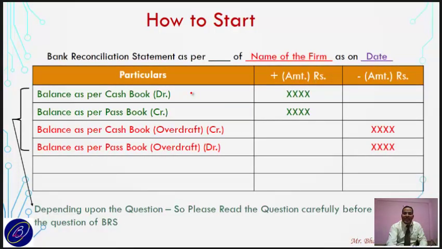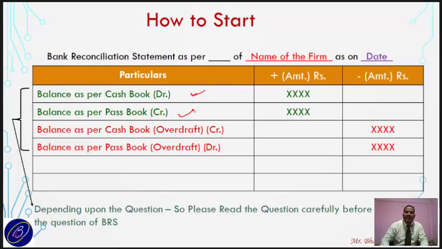if you start from balance as per cash book, then the balance that you will get by the end of solving the bank reconciliation statement will be the balance as per passbook. Fine.